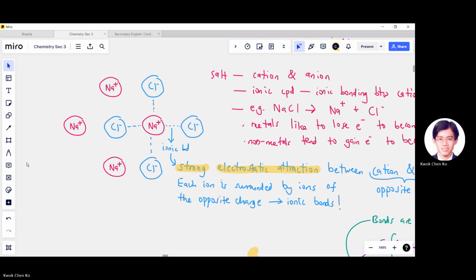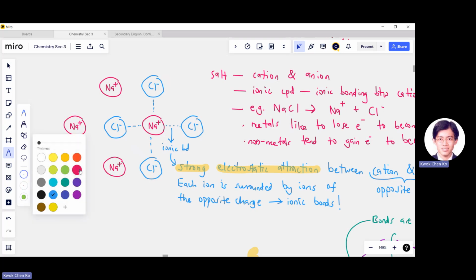Okay. Now, there's a fixed pattern, but like I say, at your level, no need to know that pattern. So guess what? I have an ionic bond here. Remember opposite charges, positive, negative, positive, negative, positive, negative. So ionic bonds are all around everywhere.